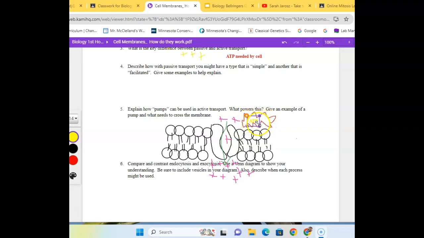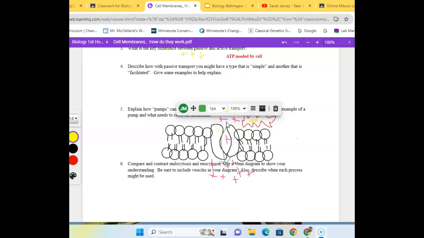So this would be spending ATP in order to move it opposite the way it would want to go for diffusion. So if your cell is trying to take in glucose molecules, for example, the glucose might be more concentrated in the cell, but the cell still wants that glucose to be used by the mitochondria to make ATP.